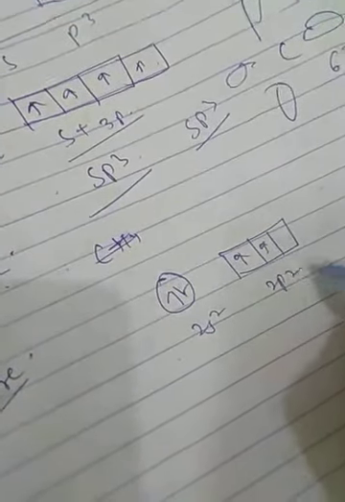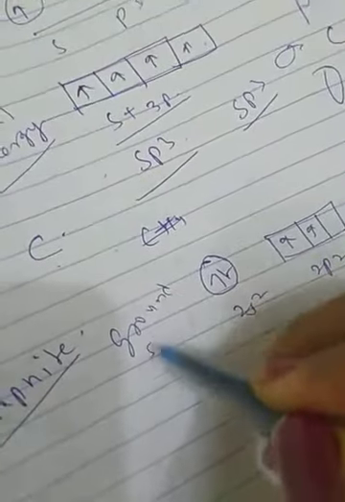For sp2 hybridization, again I am showing you 2s2, 2p2. This is called the ground state and this is called the excited state, the same, with only shifting of this electron to this.